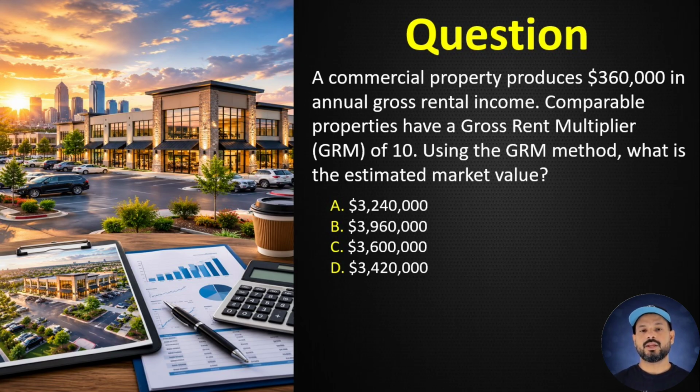B. $3,960,000. C. $3,600,000. D. $3,420,000. Correct answer C. $3,600,000. Estimated value equals gross income multiplied by the GRM.